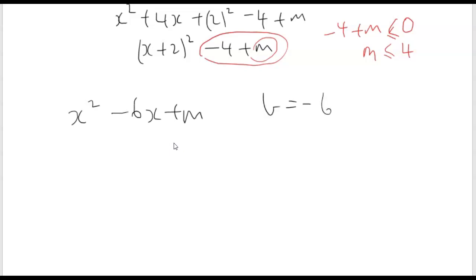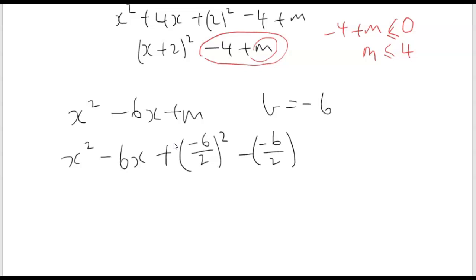So b is -6, and I'm going to complete the square. The first two terms stay the same. Then I add b on 2, so -6 on 2, square it, then subtract it. Now, that is a 6, not a b. And then I'm going to plus m.